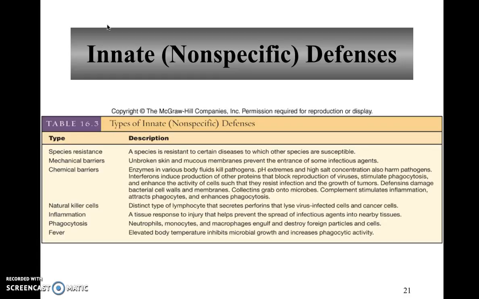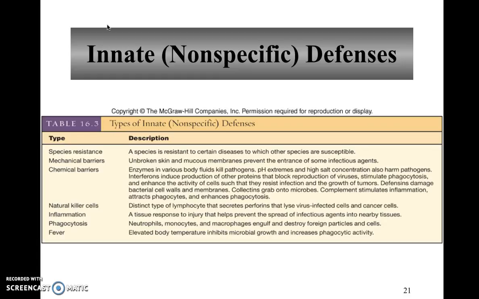It's released by virally infected cells and helps slow down the spread of the virus to neighboring cells. There are chemicals that can cause phagocytosis, which is kind of like the white blood cells engulfing foreign materials. Various chemicals can enhance the activities of cells so that they're more resistant to infection or to the growth of tumors.